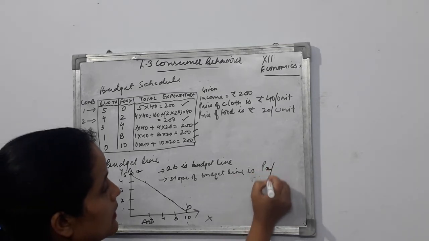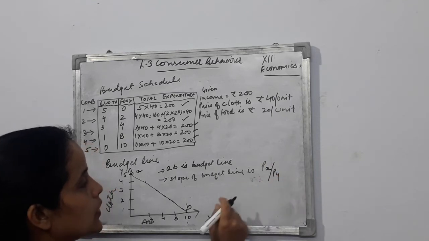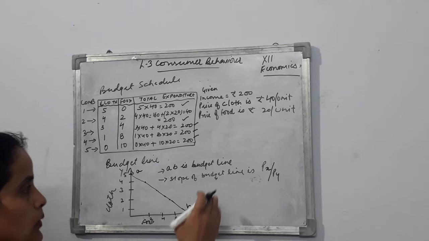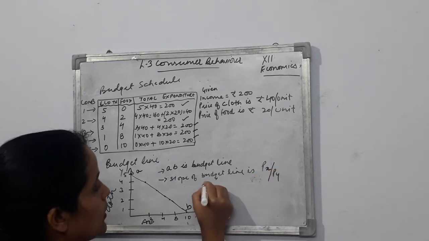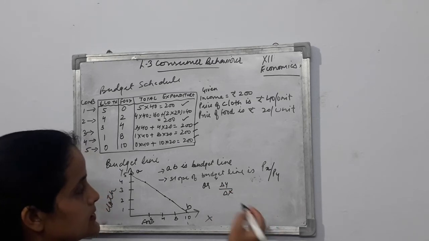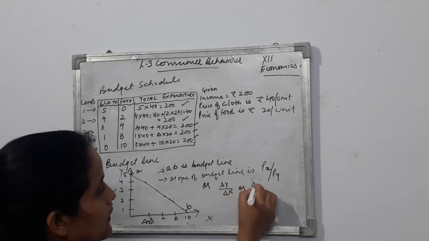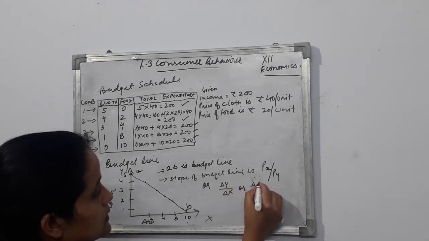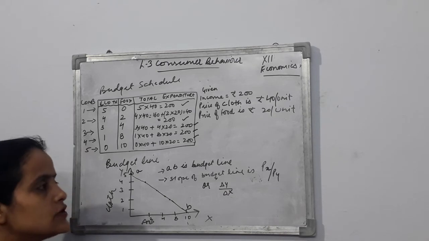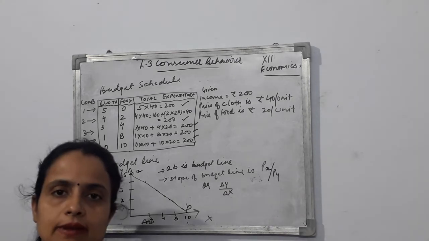This is going to be the slope of budget line. Or you can say delta y upon delta x. Okay? Or delta cloth. The slope of budget line is going to be Px upon Py and AB is your budget line.